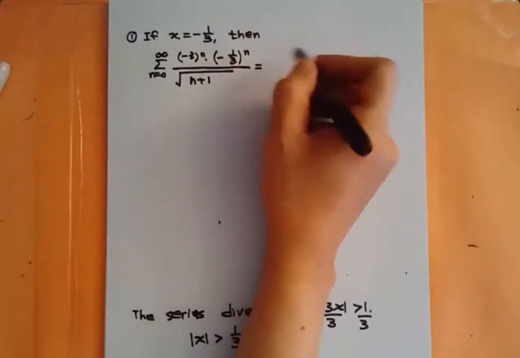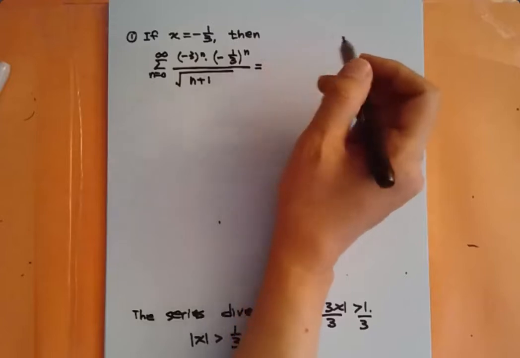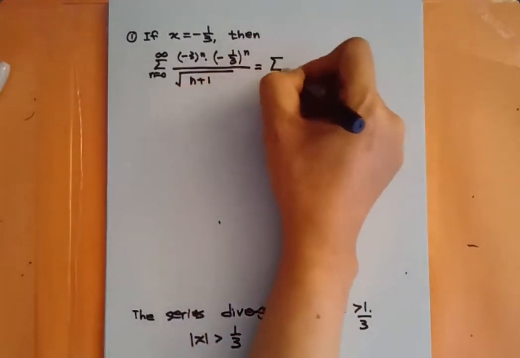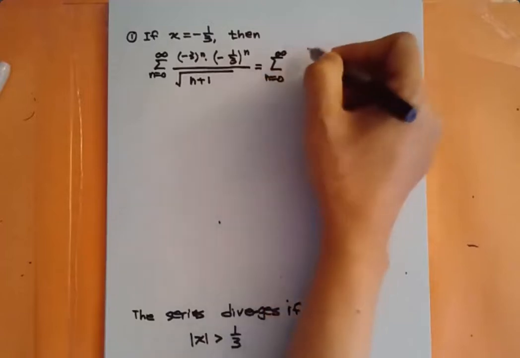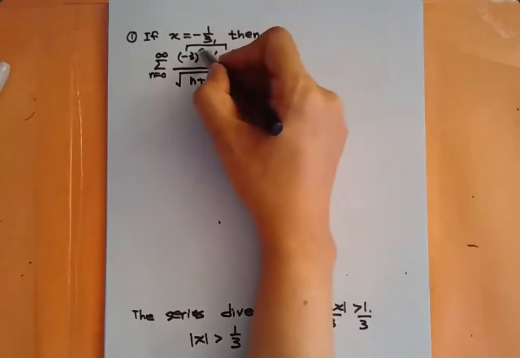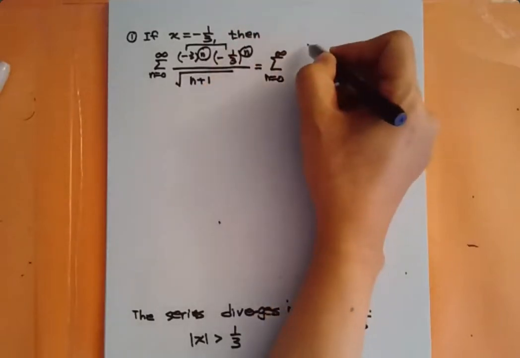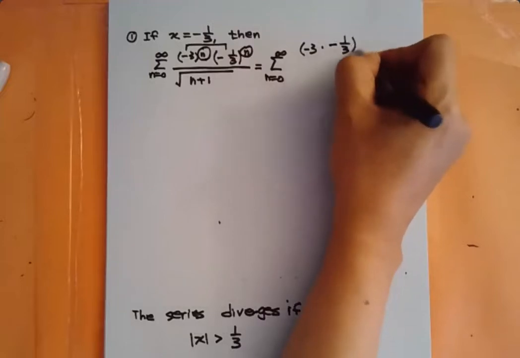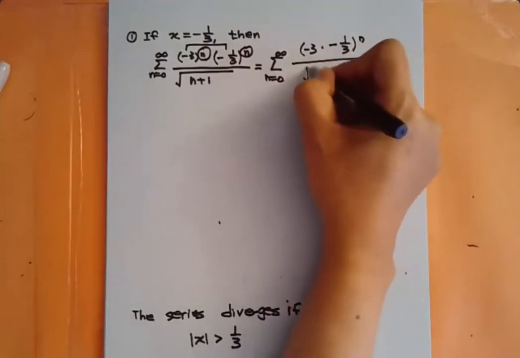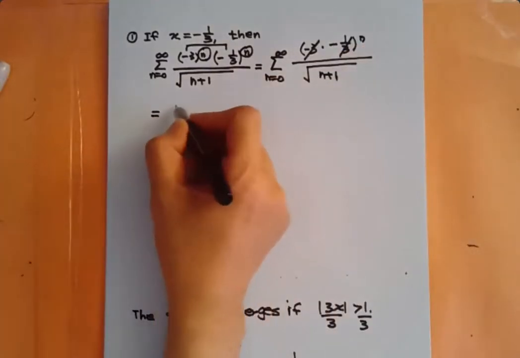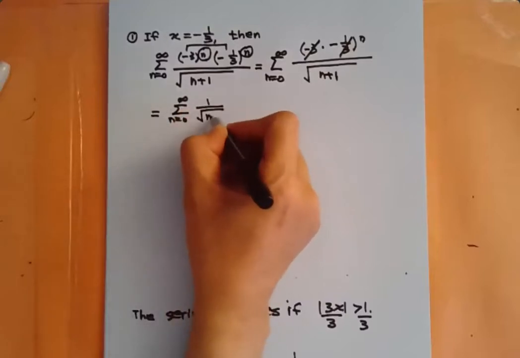So that equals the summation n equals 0 to infinity. Those have the same power, so we can combine those. So negative 3 times negative 1 over 3 to the n power over square root of n plus 1. Those will cancel each other. So we think about the summation n equals 0 to infinity of 1 over square root of n plus 1.